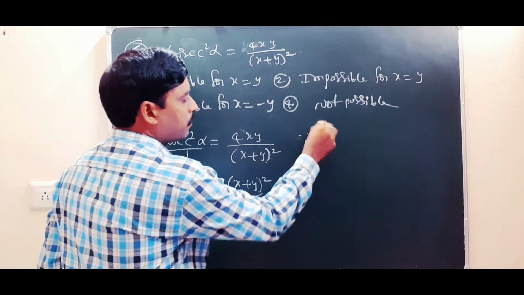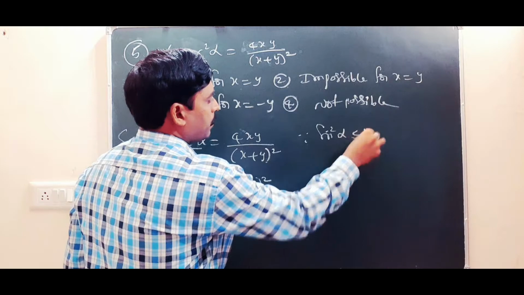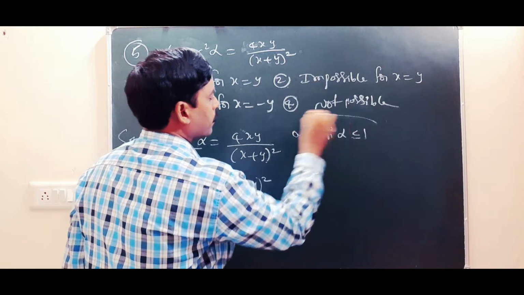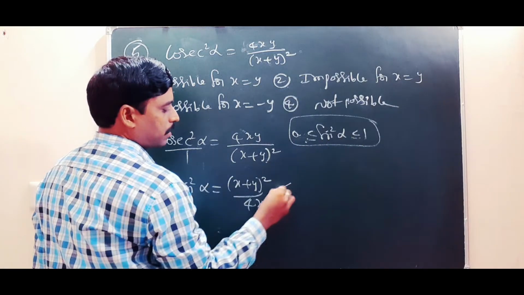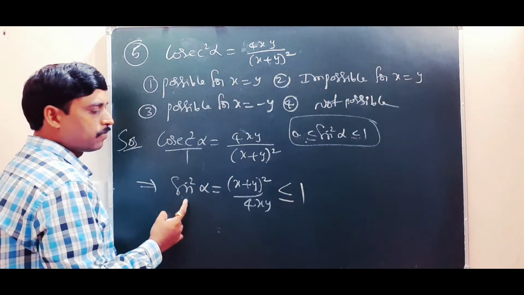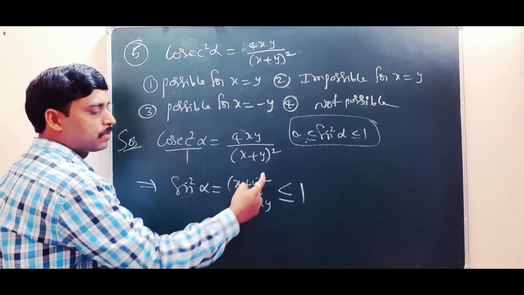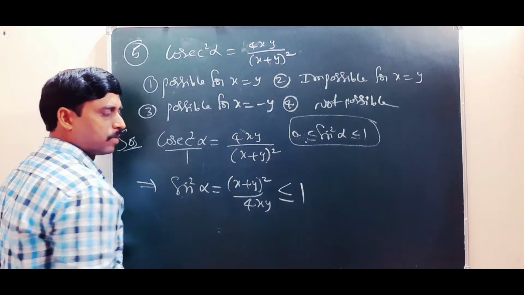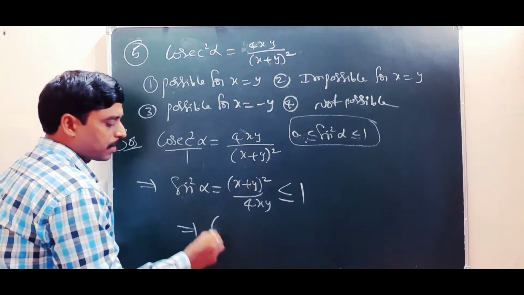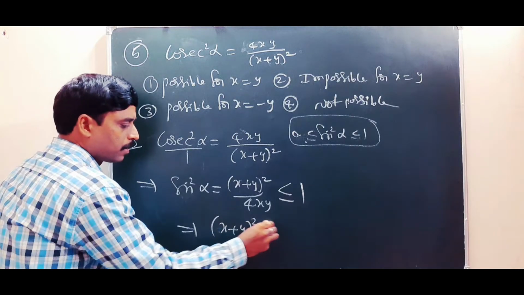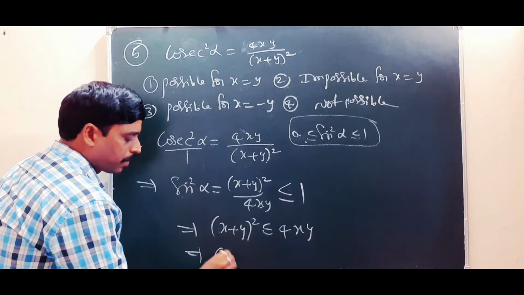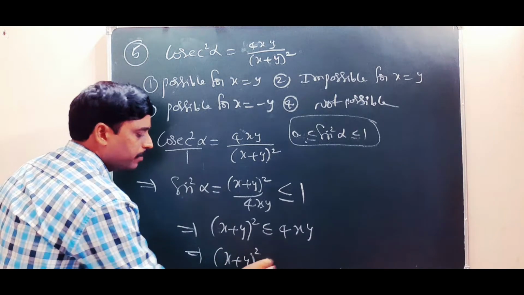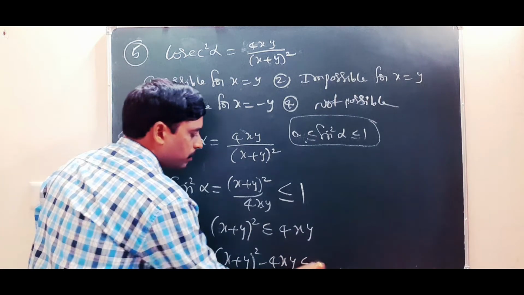But sin square alpha lies between 0 and 1, so sin square alpha is less than or equal to 1. So x plus y whole square by 4xy is less than or equal to 1. Cross product: x plus y whole square is less than or equal to 4xy. Bring 4xy to the left side: x plus y whole square minus 4xy is less than or equal to 0.